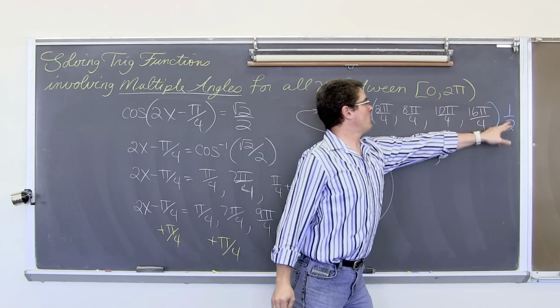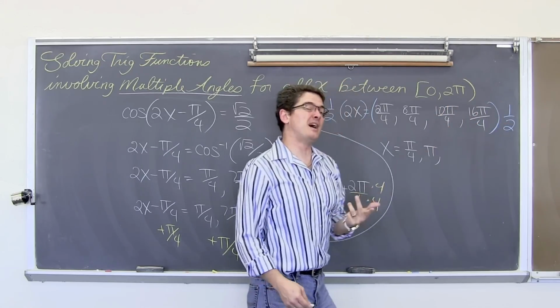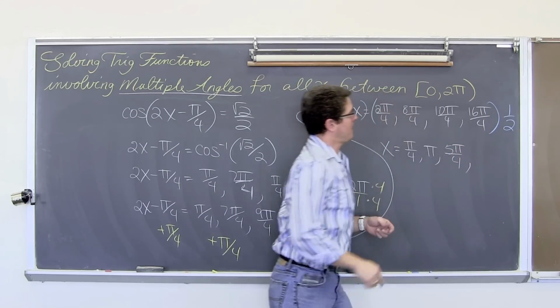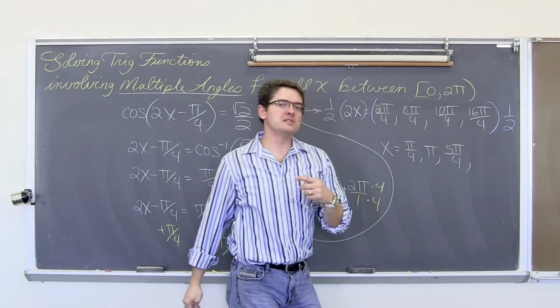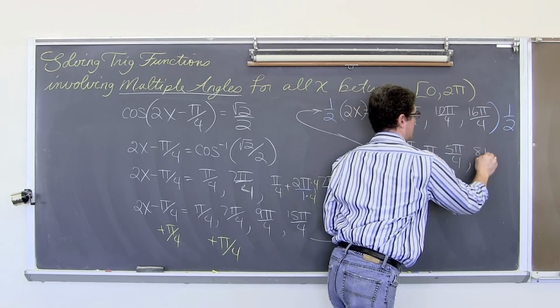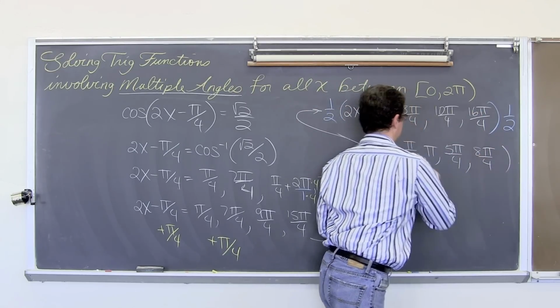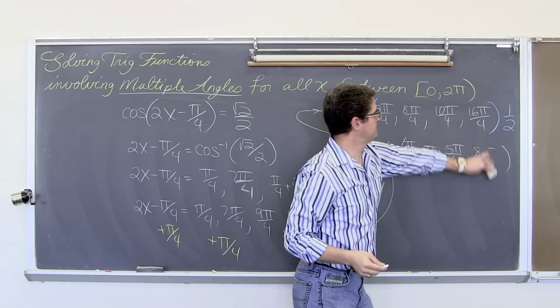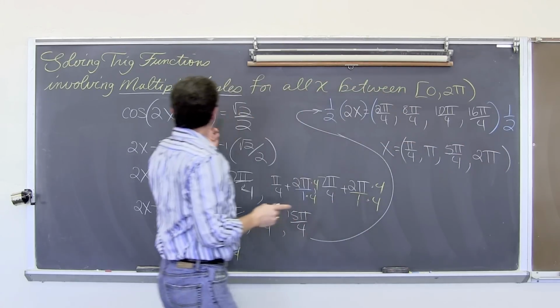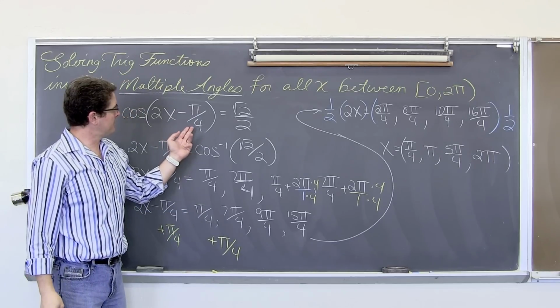Then we have 10 divided by 2 is 5, so 5 pi over 4. And 16 divided by 2 is 8, and 8 divided by 4 is 2 pi. Now, remember that negative pi over 4 thing there?